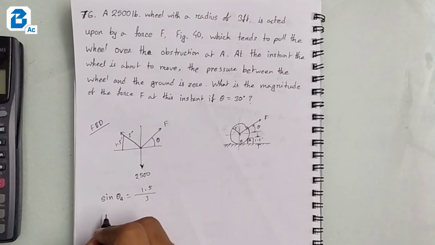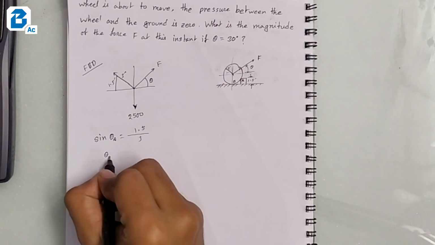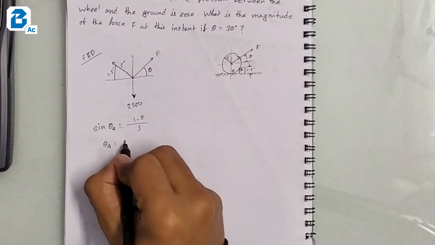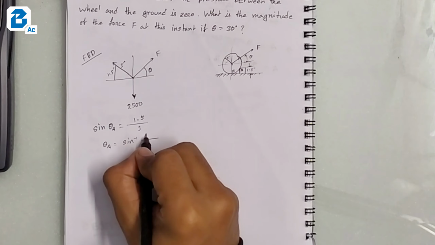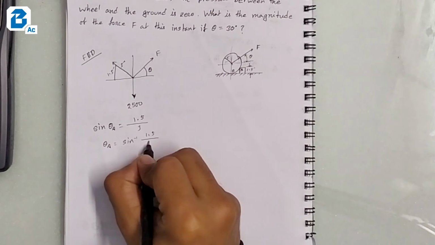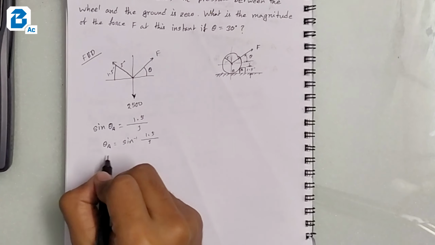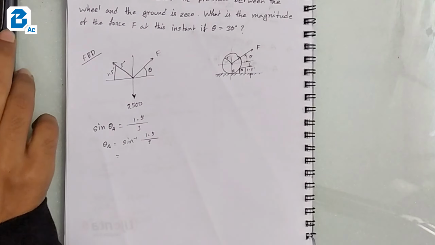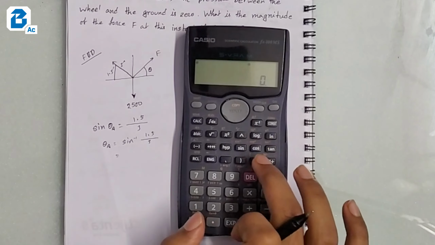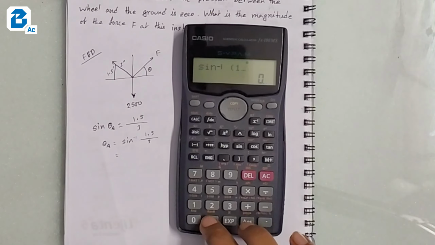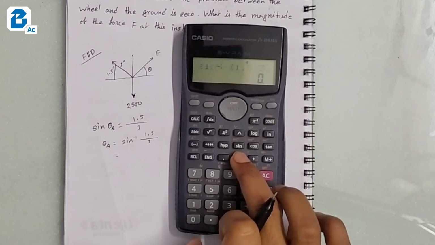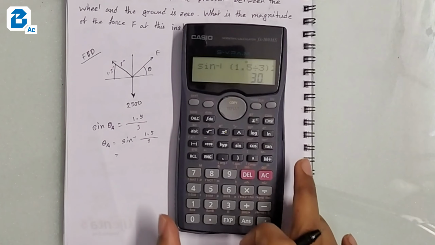Then we can find the theta A, which is sine inverse 1.5 divided by 3, and let's put it in calculator. 1.5 divided by 3, we get 30 degree.